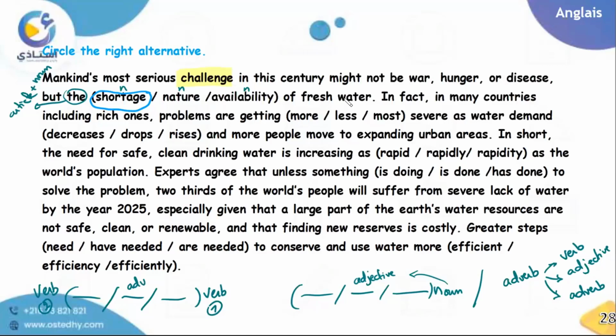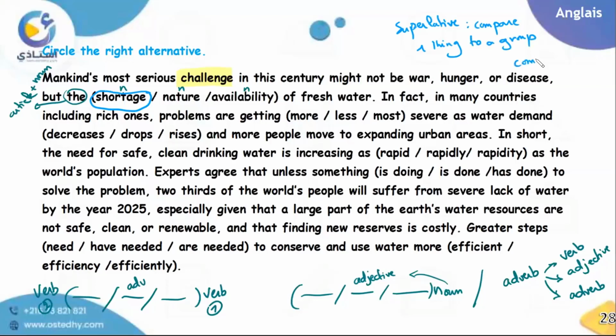You can't use most, okay? The most severe. They are getting or they are becoming the most severe. That's correct, because when you use superlative, you compare one thing to a group, okay?